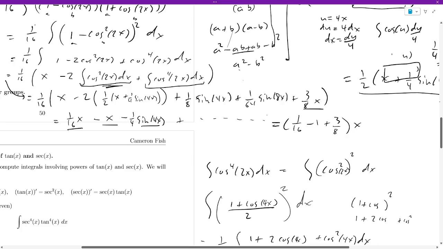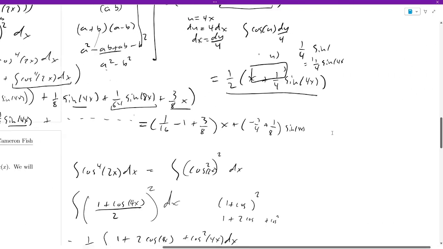Same thing for the sine 4x. I can count. How much do I have? I have negative 1/4 for the first one, and I have 1/8 for the second one. And that's how much sine of 4x I have. And then I think I have just this one term plus a 64th is how much sine of 8x I have.